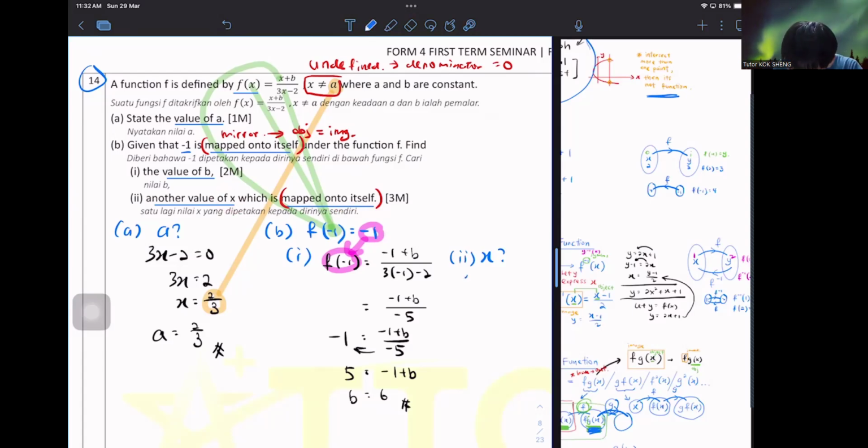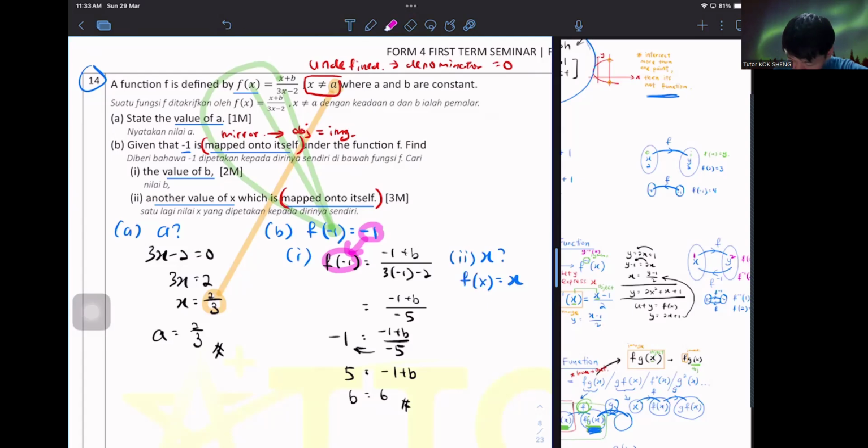So it is f(x) equals to x. Okay, still good. Also map onto itself, also mirror, also object equals to image. But now what is the object? What is the x? You are finding that, right? So you don't know. You put as unknown x. So object, image, same.